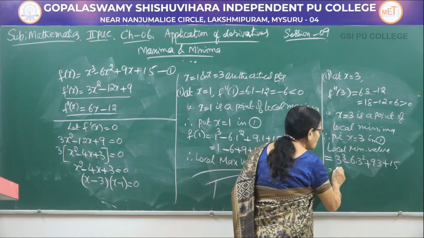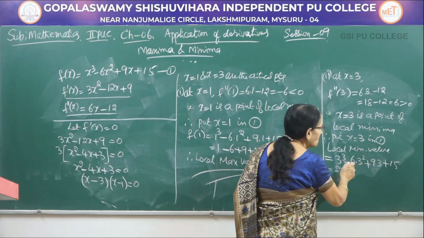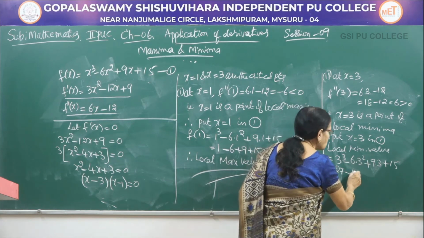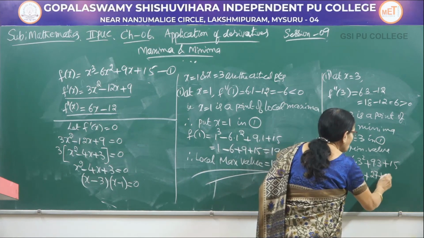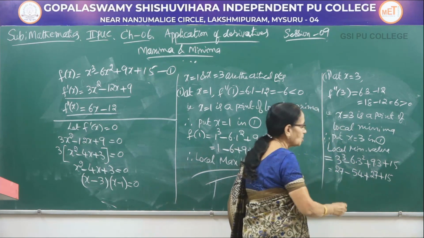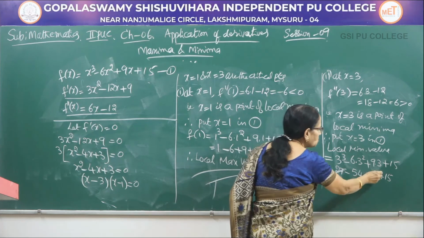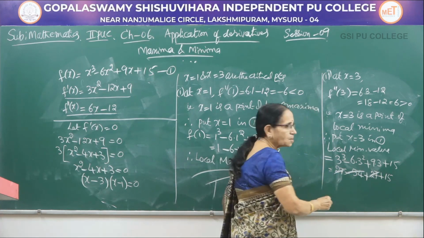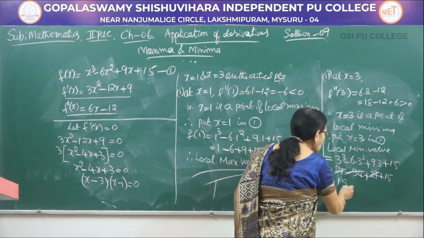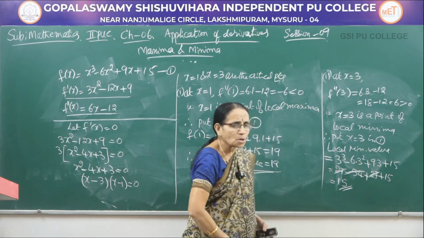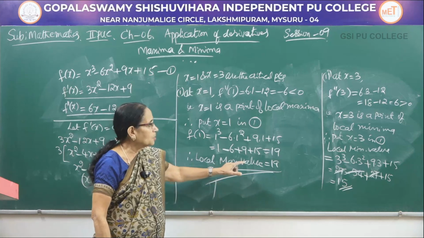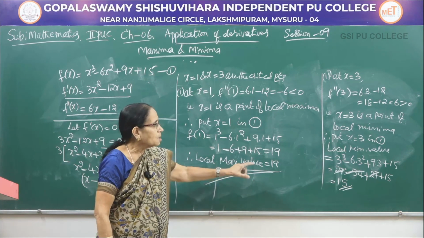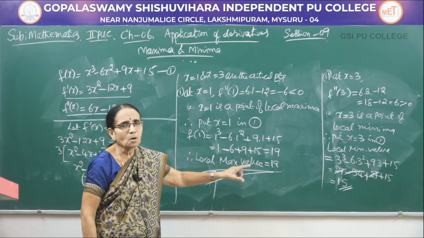Look here, 3 cube is 27, 3 square is 9, 6 nines are 54, 9 threes are 27, plus 15. Now you observe 27 plus 27, 54, they get cancelled. Finally what do you get here? 15. So if you want you can write again: therefore local maximum value is equal to 19. Local minimum value would be equal to 15.